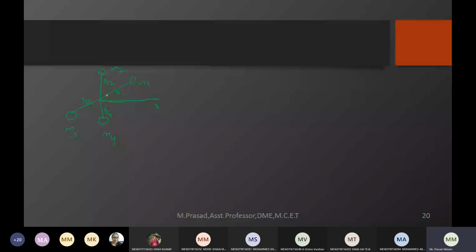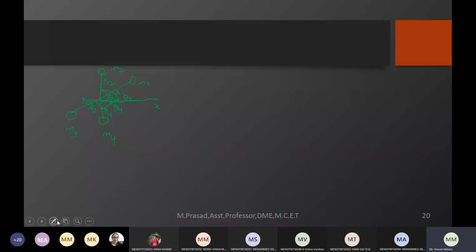This M1 is making an angle of theta 1 with respect to this x-axis. Similarly, this M2 is making an angle theta 2. If I extend this horizontal line, M3 makes an angle of theta 3, and similarly M4 makes an angle of theta 4.